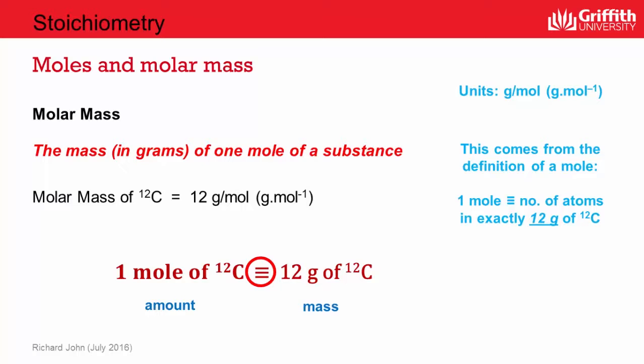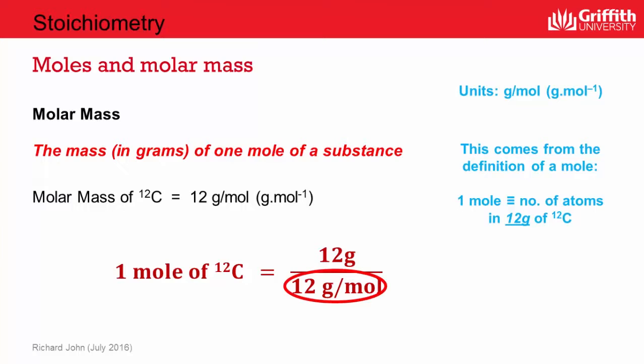Now, if we wanted to make this relationship an equality, then I could take that 12 grams of carbon-12 and divide it by its molar mass, 12 grams per mole. What we've got now is a statement that says that 1 mole of carbon-12 equals 12 grams divided by 12 grams per mole.